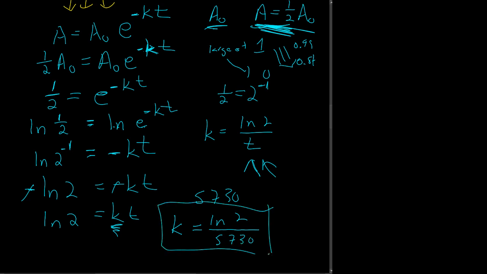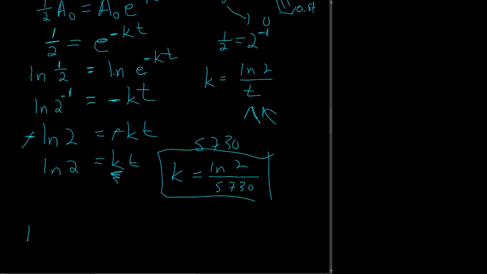This is a number. I can put it into the calculator and I can get a decimal representation of it. And that's what we tend to get for these rates of decay. We tend to get a number for them. ln2s pop up a lot in mathematics because of the idea of decay and growth.